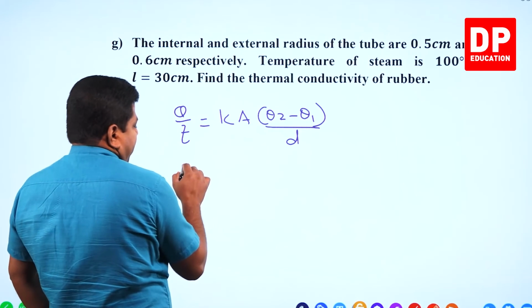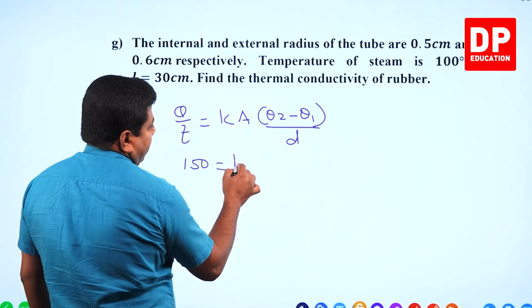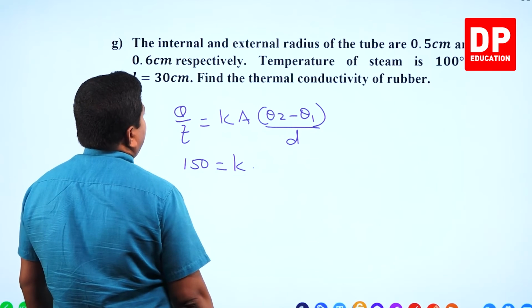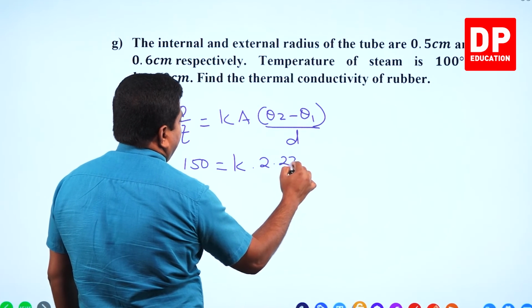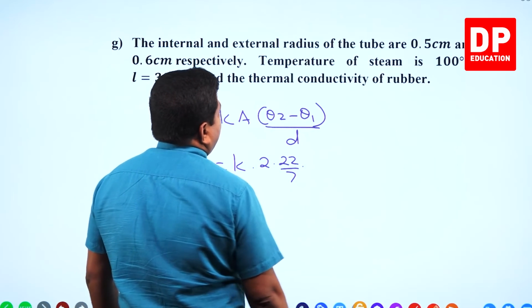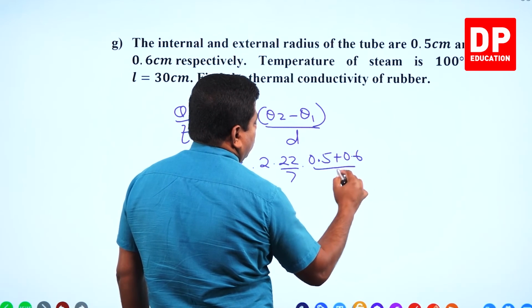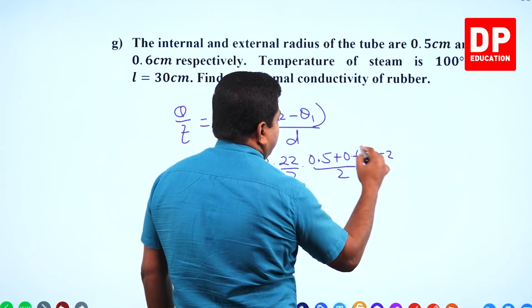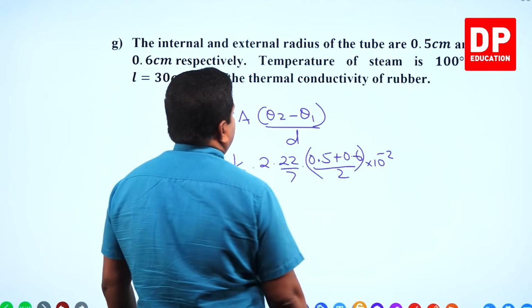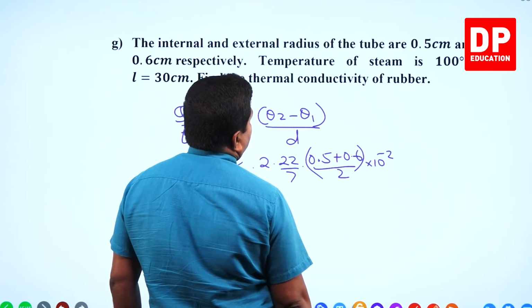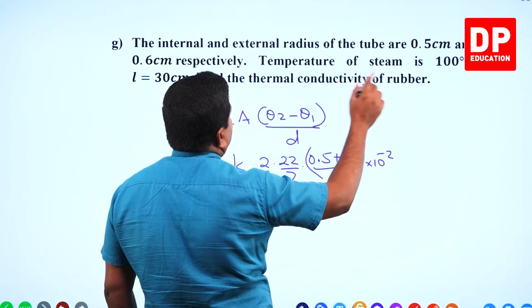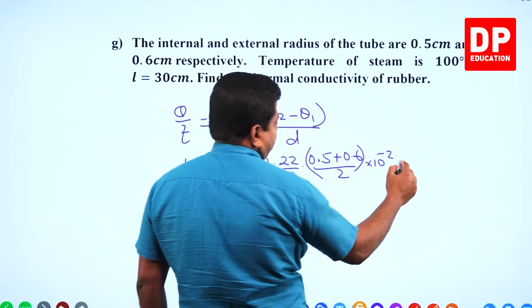Q by T we have got 150. K we don't know. A is 2 pi R, where R has to be the average of these two, 0.5 and 0.6 by 2, into 10 to the power minus 2 because this is in centimeters, into L. Have they given the L? 30 centimeter.